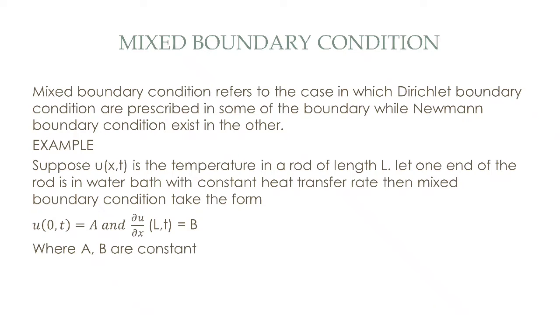Suppose u of x comma t is the temperature in a rod of length capital L. Let one end of the rod be in a water bath with constant heat transfer rate, then mixed boundary conditions take the form u of 0 comma t equals A, and partial u over partial x of capital L comma t equals B, where A and B are constants.